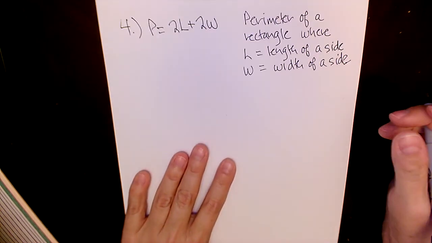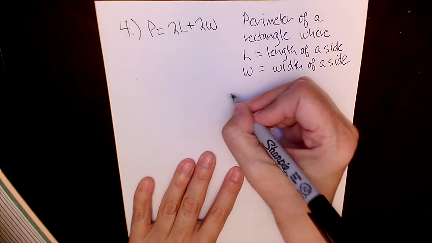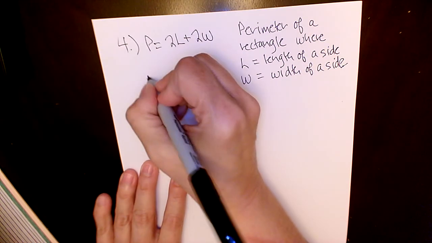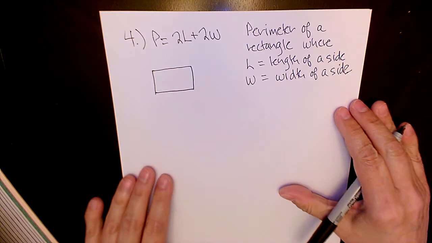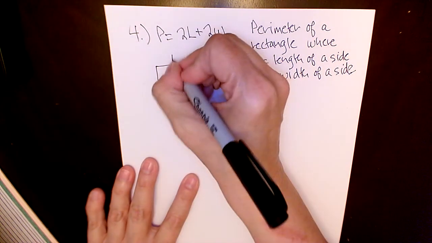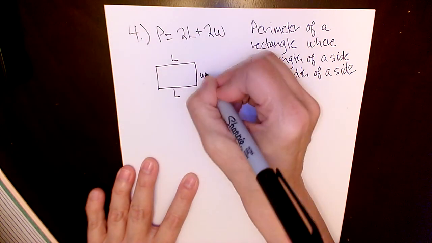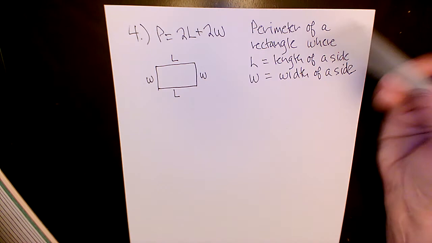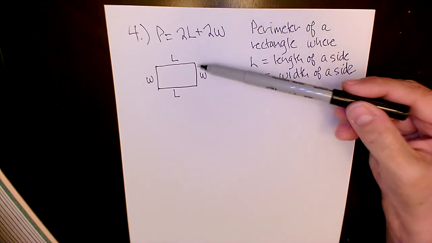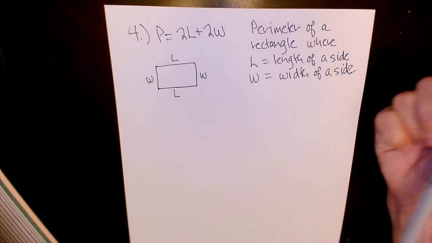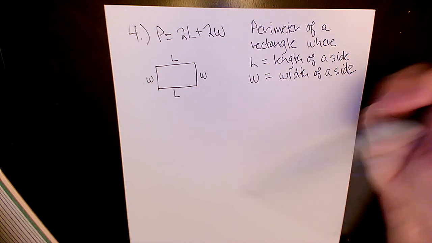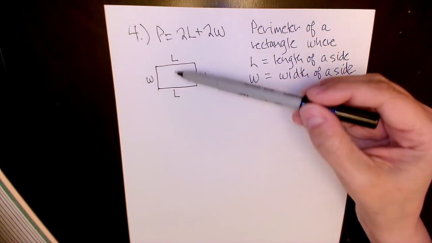And so we know what perimeter means. It means we want to add up, let me just draw it. So here's our rectangle, here's our length, and here's our width. To get the perimeter, you're going to add up all 4 sides, and the opposite sides are equal.